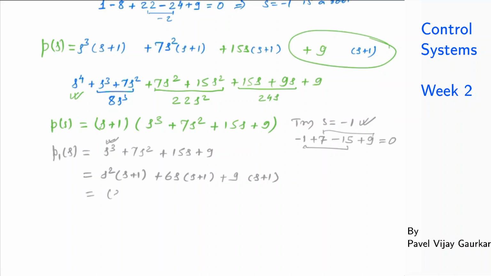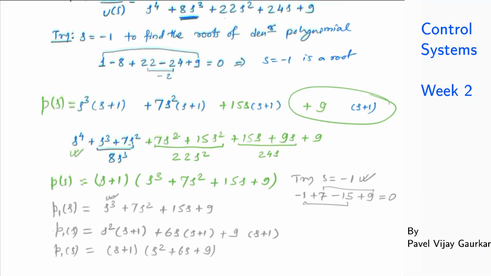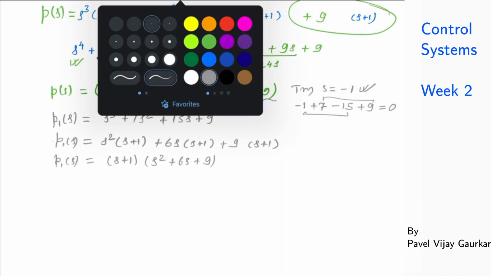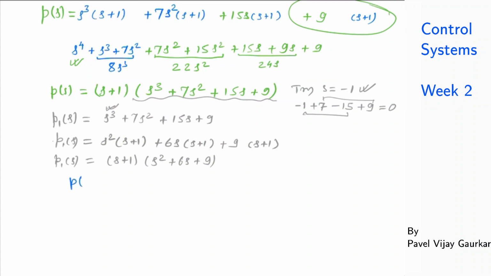So p1 of s can be written as s plus 1 times (s square plus 6s plus 9). So now substituting back for p1 of s, we get p of s as (s plus 1) whole square times (s square plus 6s plus 9).